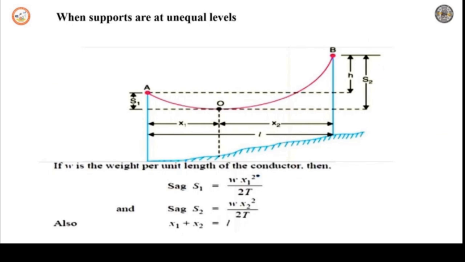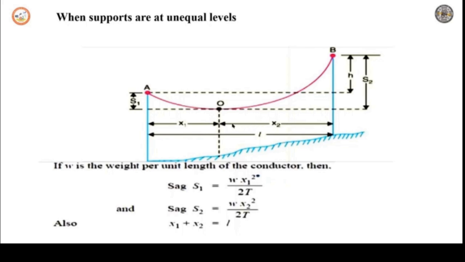Here, L is the span length, h is the difference in the levels, T is the tension in the conductor, x1 is the distance of the lowest point from support A, x2 is the distance of the lowest point from support B, and W is the weight per unit length of the conductor.